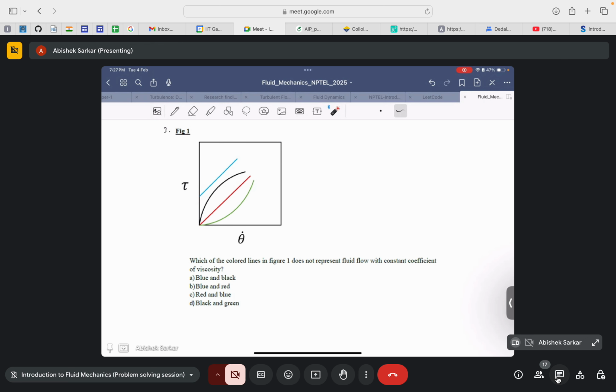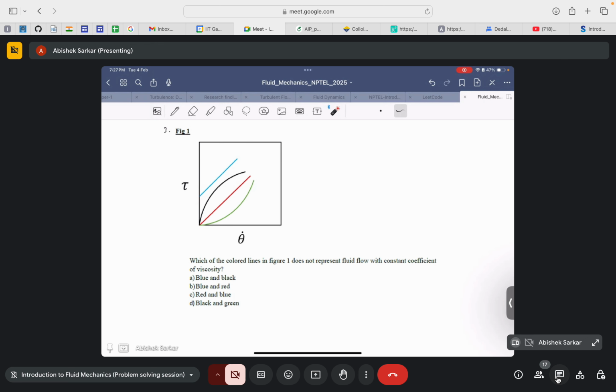It is just the fact that there has to be a certain threshold stress that we need to generate to start the motion of this fluid. Once the fluid is in motion, we can correlate it with the strain rate. But in that case as well, the viscosity would remain constant.